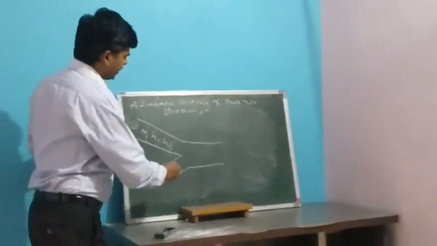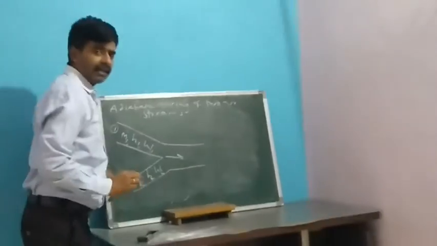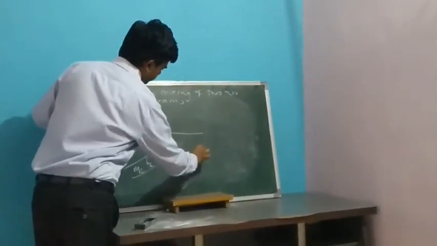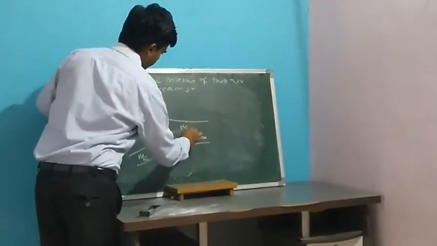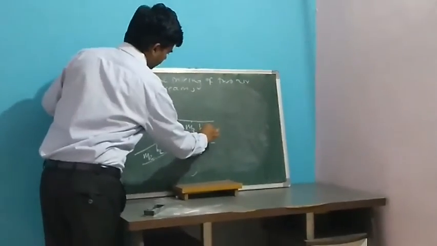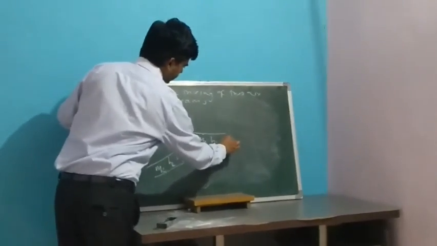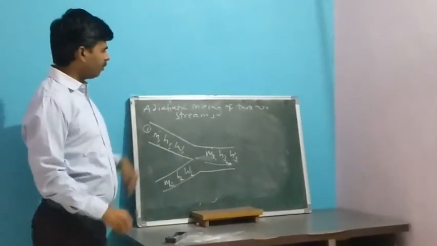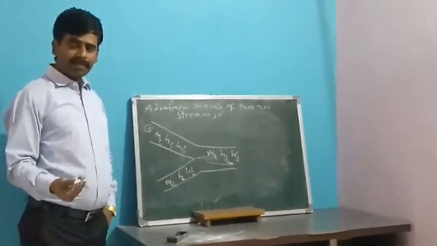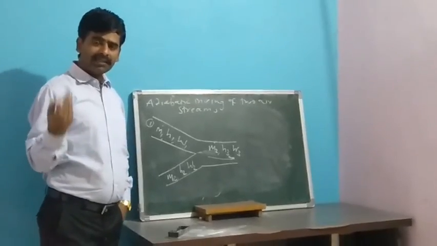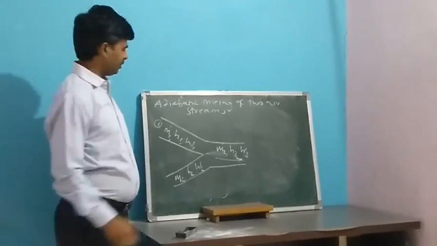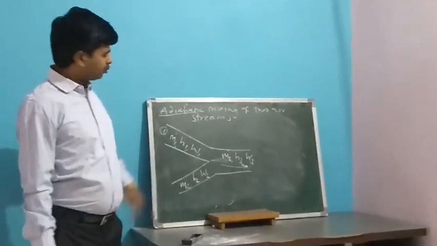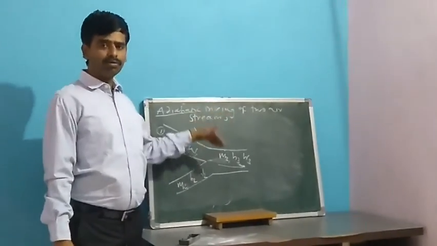When they get mixed, we will get the mixed air having mass flow rate m dot 3, enthalpy H3 and specific humidity W3. Now we have to write the mass balance, enthalpy balance and humidity balance equations. And specifically I have written the term adiabatic here, so there is no heat addition from outside.